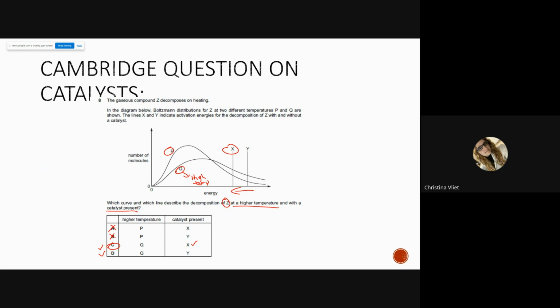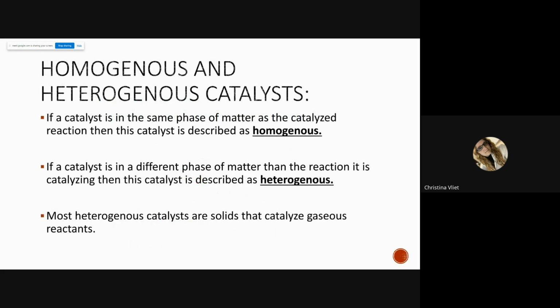All right, last thing. I had mentioned that although there's no standard that says homogeneous and heterogeneous catalyst, the title of the standard, like the whole topic, is called homogeneous and heterogeneous catalyst. So you should know the difference between the 2. And so there are 2 types of catalysts that can take place.